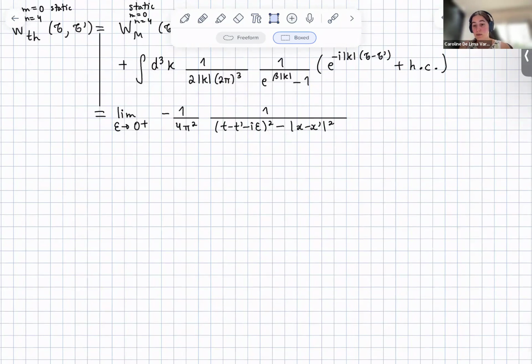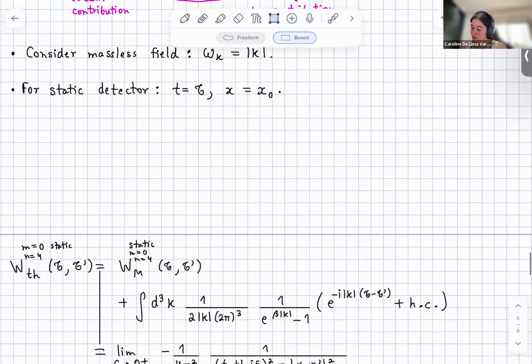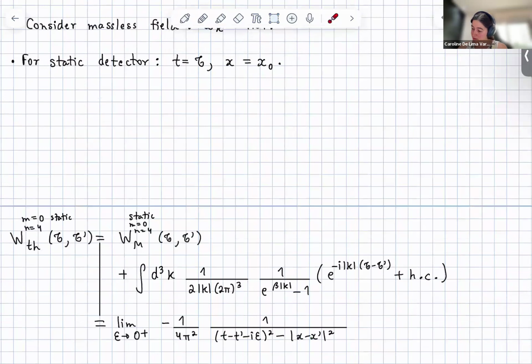So if we have the static detector, what is it going to be? Any guesses? Just plugging in this trajectory that we saw here. What is going to be the contribution from the vacuum Wightman function? I know you guys know this. No guesses? You guys were participating a bit less today, I think.